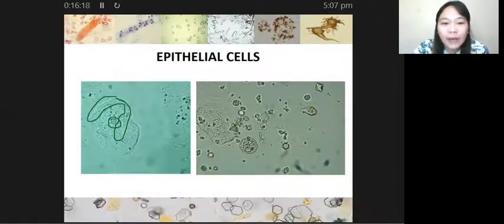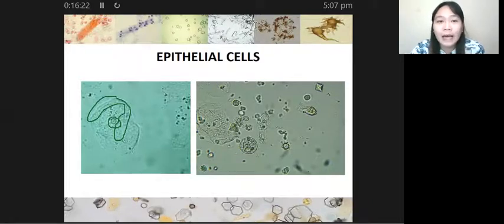All right, so say for example, dito po sa ating PowerPoint. Okay? So ito, yan yung nucleus ng ating squamous epithelial cell. And then ito, this one is an RBC.